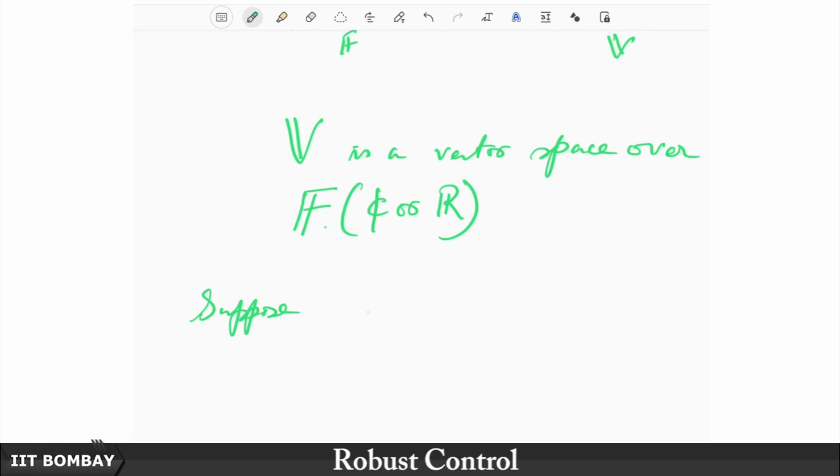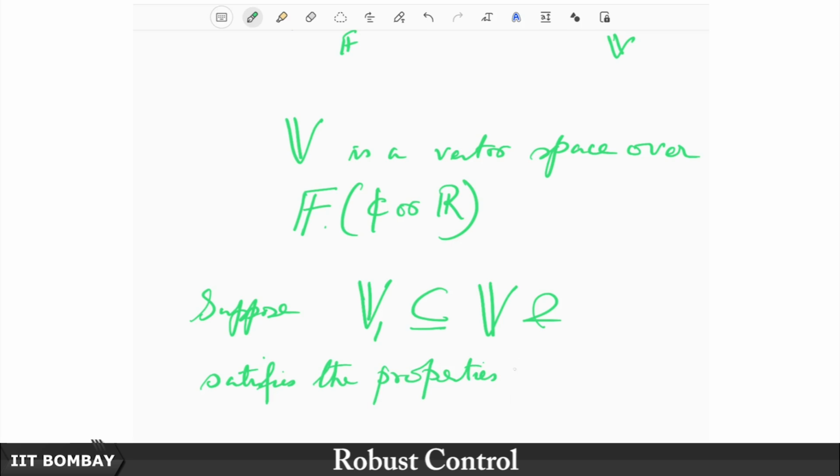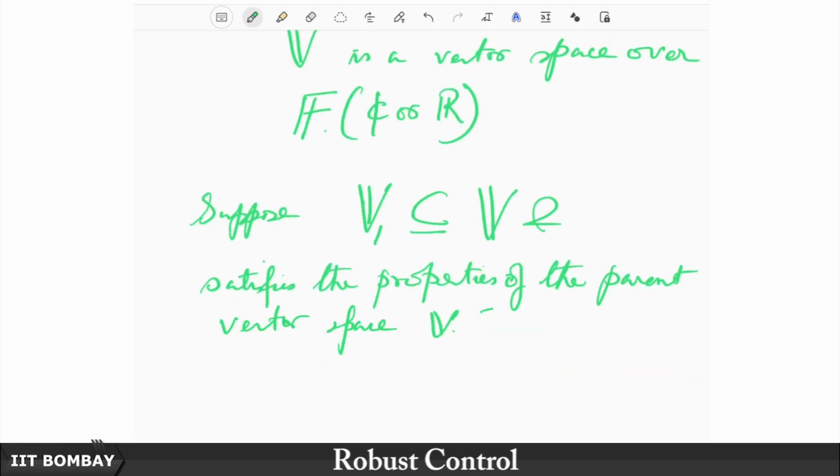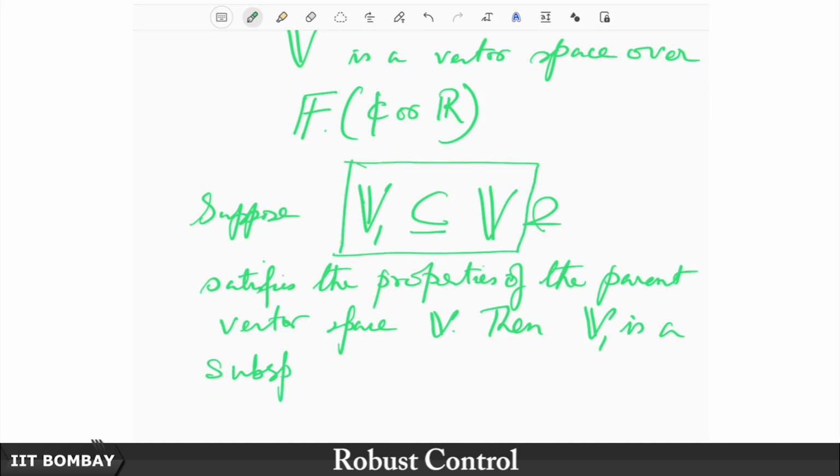So, suppose you understand what subsets are. Suppose V1 is a subset of V and satisfies the properties, or inherits all the properties, of the parent vector space V. Then V1 is not just a subset, because remember when we just say subset, this just means it is a subset.